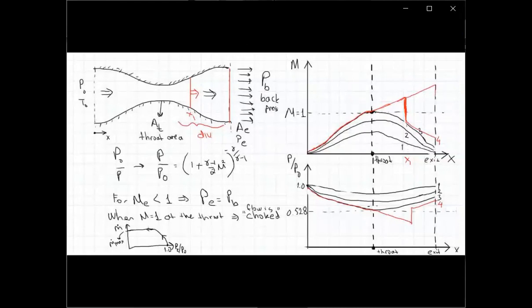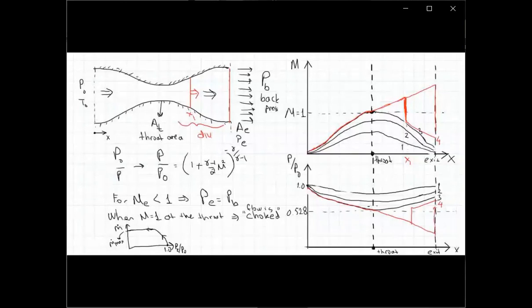So the flow will basically be fully supersonic. As you can see, in this region it's fully supersonic, but the exit is still subsonic because it still needs to go through the shock wave. So that's still not good. In terms of pressure, yes, the pressure basically will be reduced further, but there's a shock wave right at the exit.